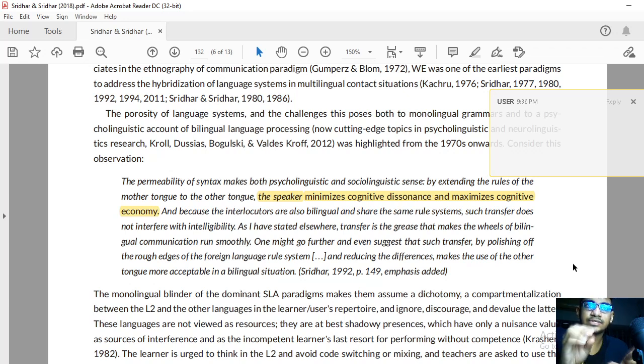But the ideal situation is to mix and match, right? Even if it's your mother tongue, we've all pretty much mastered our mother tongue, still.